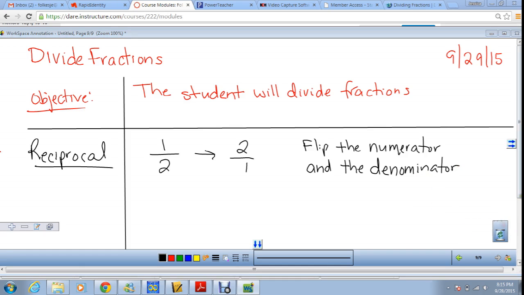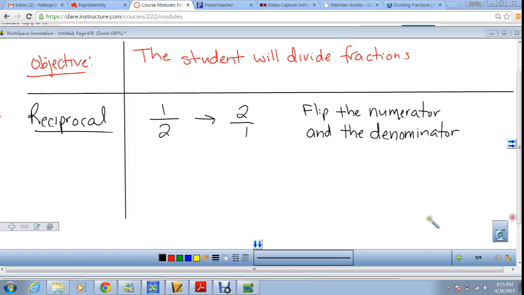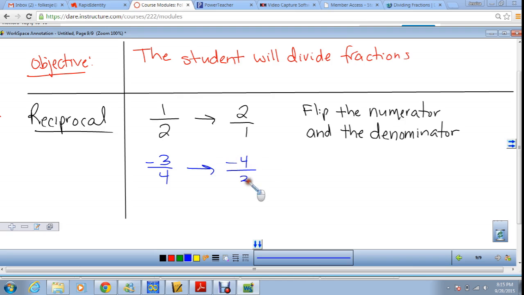Same thing if I give you -3/4. The reciprocal for that is going to be -4/3. I always just give the numerator the negative sign, it keeps everything nice and neat.